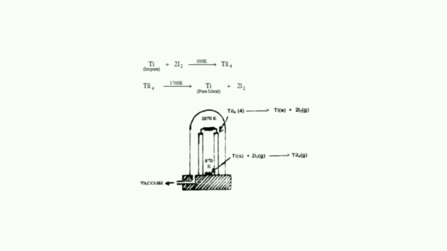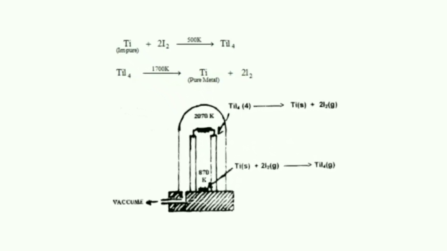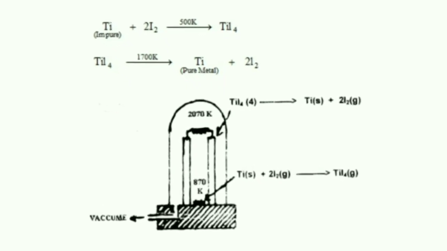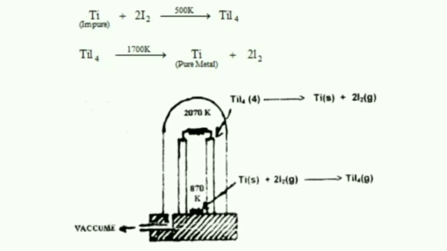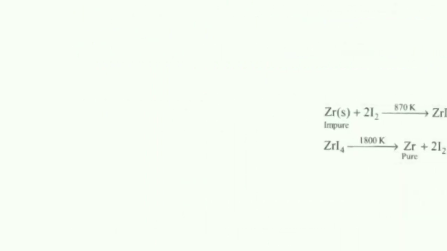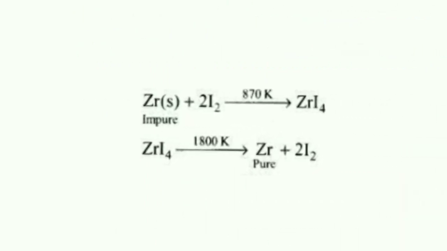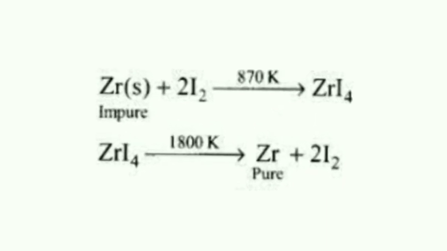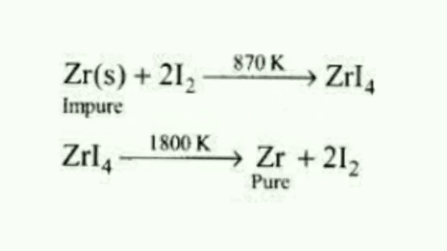Okay, got it? These are the 2 steps. Here this is the reaction carried out here. Titanium plus iodine gives titanium tetraiodide, and titanium tetraiodide on heating at 1800 Kelvin we will get titanium back, and iodine can be reused. The same Van Arkel method is used for getting pure zirconium from the impure zirconium metal.